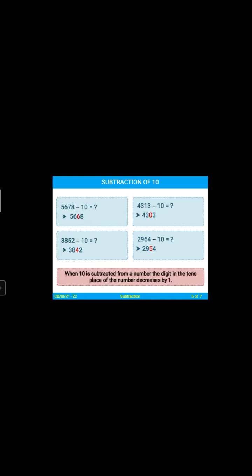So remember, when 10 is subtracted from any number, the digit in the tens place of the number decreases by 1. एडिशन में हम इंक्रीज बाय 1 करते थे, सब्ट्रैक्शन में आपको डिक्रीज बाय 1 करना है. सेम फॉर द 100, सब्ट्रैक्शन ऑफ 100. टेंस में हम टेंस प्लेस की 1 डिजिट को कम करते थे, 100 में 100 प्लेस की 1 डिजिट को हम डिक्रीज करेंगे, कम करेंगे.